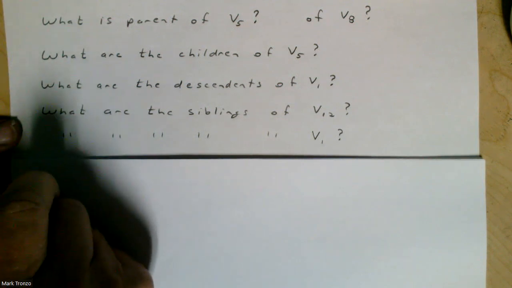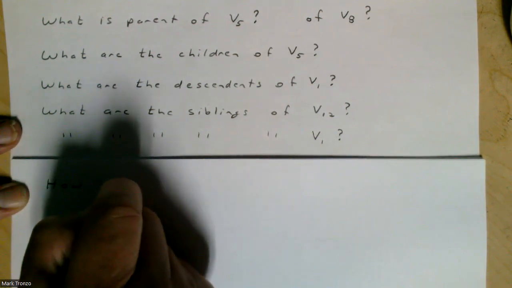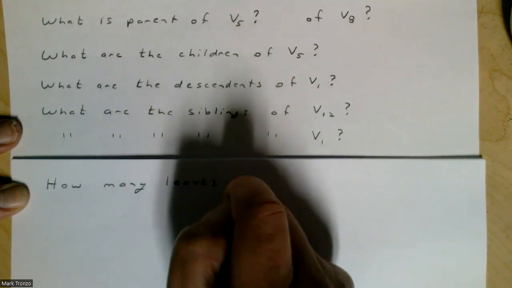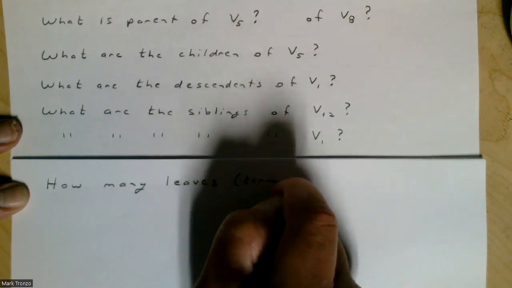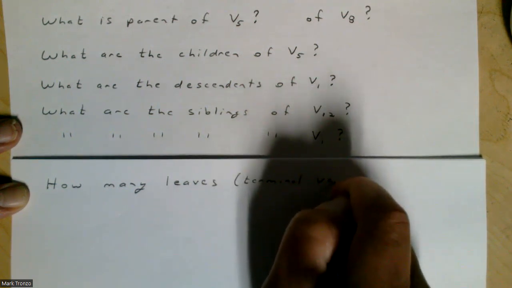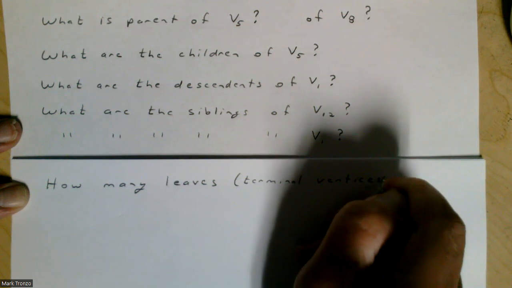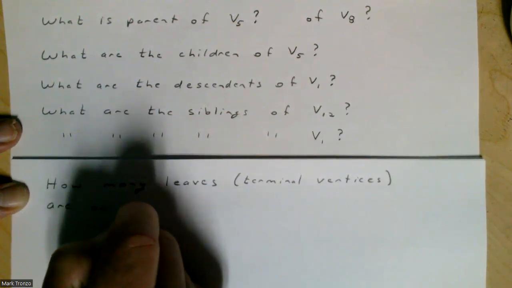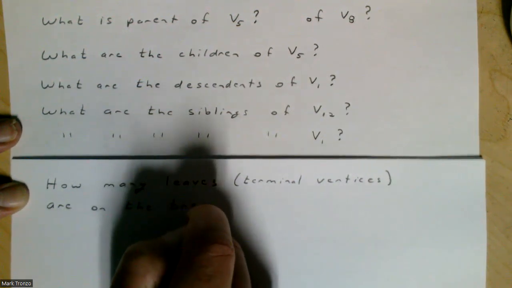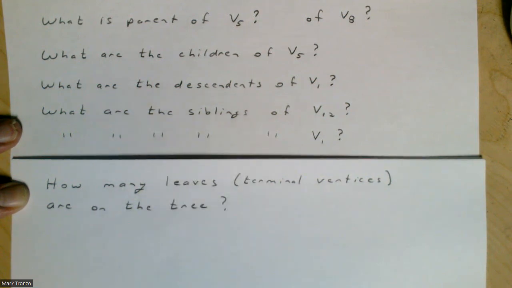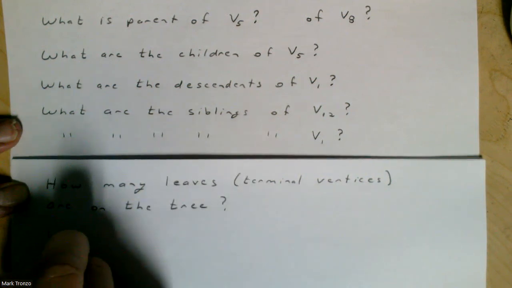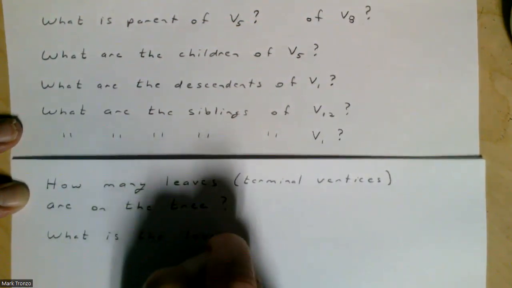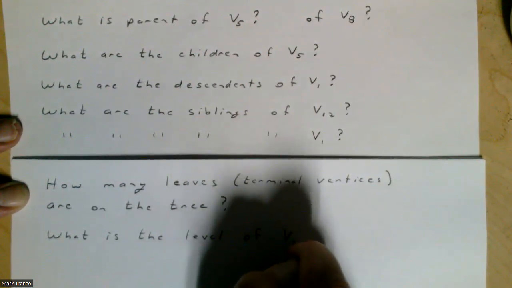How many leaves? And remember what those are: terminal vertices on the tree. And then finally, what is the level of V0?